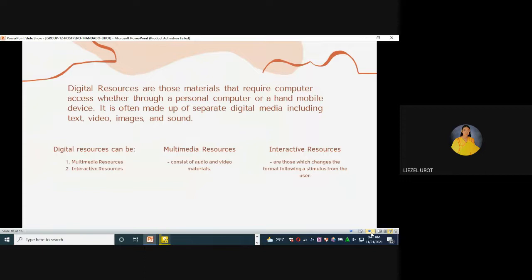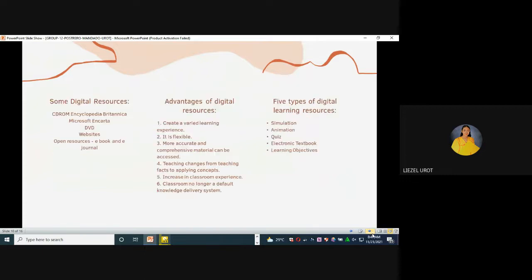Multimedia resources consist of audio and video materials, while interactive resources are those which change the format following a stimulus from the user. Digital resources are CD-ROM, Encyclopedia Britannica, Microsoft Encarta, DVD, websites, and open resources like e-books and e-journals.